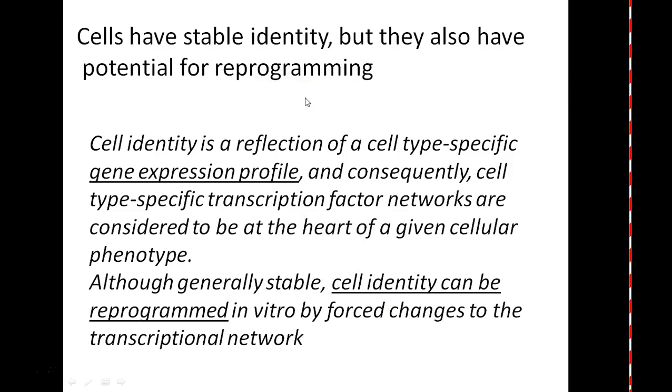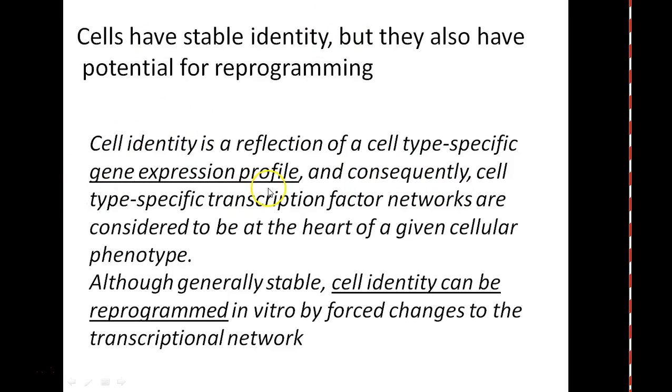Typically our adult cells are very resistant to reprogramming, and like I said, this process wouldn't happen spontaneously, because cells have their own identity. When we talk about cell identity, we mean that cells have a specific gene expression profile, which means that a neuronal cell is completely different. It has different genes expressed when we compare it to a muscle cell, for example.